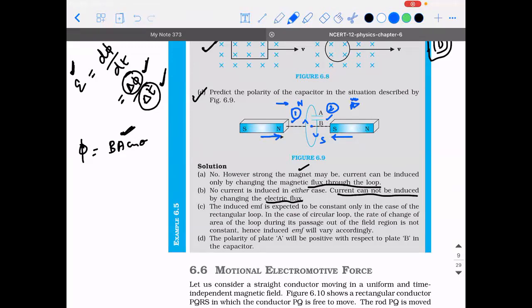So when current is flowing in clockwise direction, which side should be positive and which side should be negative? A will be positive, B will be negative. No. Actually, they made a mistake.